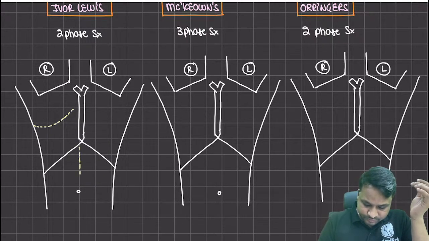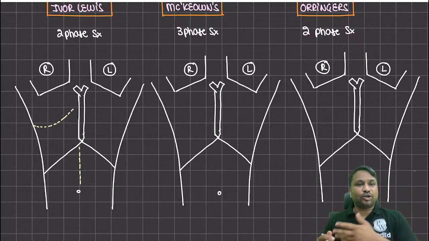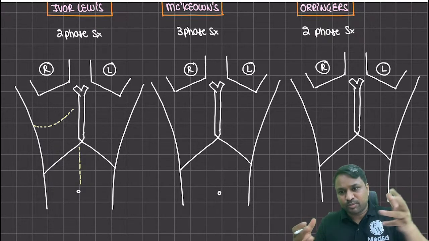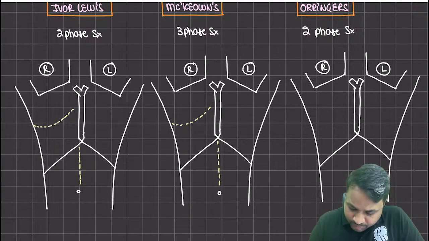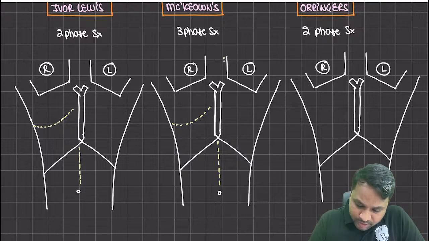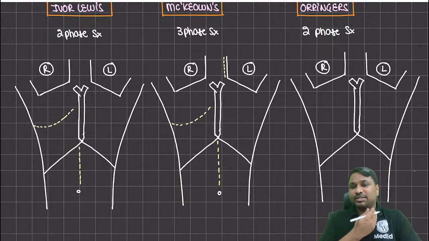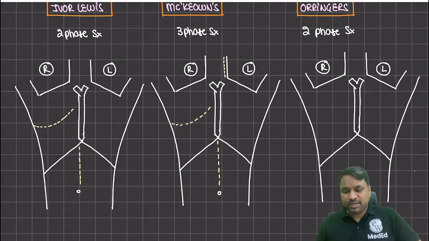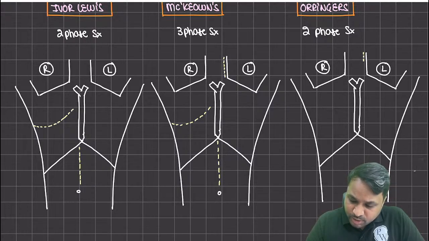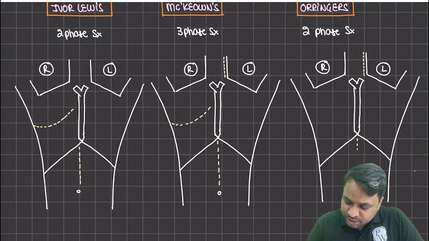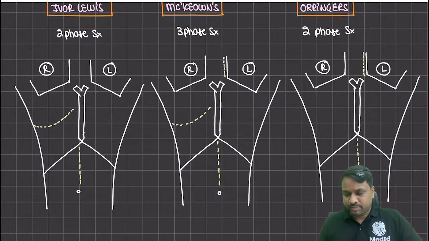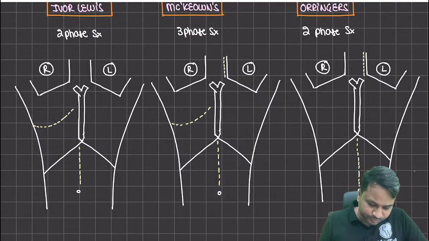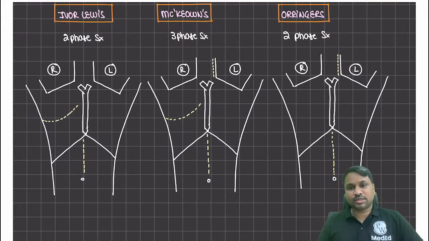In a three-phase, I do a right thoracotomy, I will do a laparotomy, and I will also do a left-sided cervical incision, that is the neck incision. The most painful of all is thoracotomy. So in Orringer, we are doing only the left incision, which is in the neck, and then you're doing a laparotomy in the midline. So this is what your Orringer surgery is.